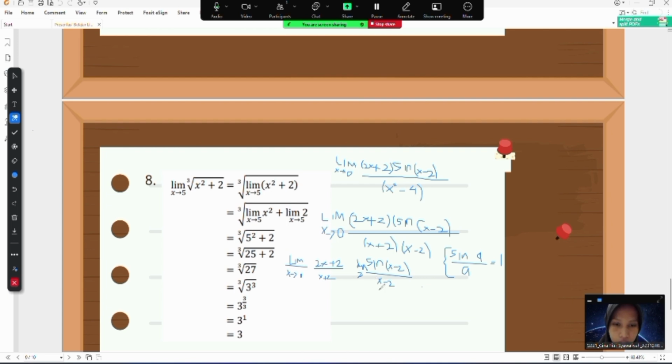Then for this limit, x approaches 0 for (2x plus 2) over 4(x plus 2), we just need to substitute the x. So we change the x to 0, and we get 2 over 8 times 1. So the result for this limit is 1.